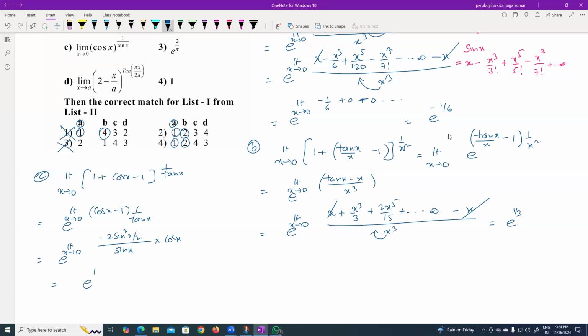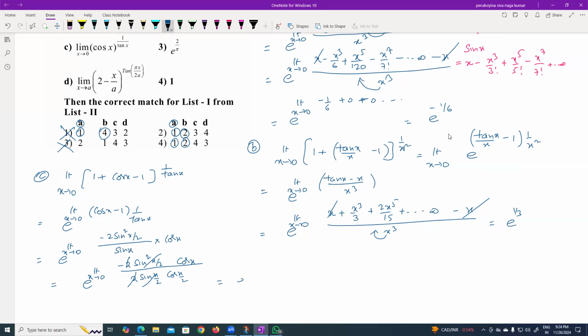And next, e power limit x tends to 0 of minus 2 sine square x by 2 into cos x. Sin x you can write as 2 sin x by 2 cos x by 2. 2 got cancelled, 1 sin x got cancelled, 1 sin x left.